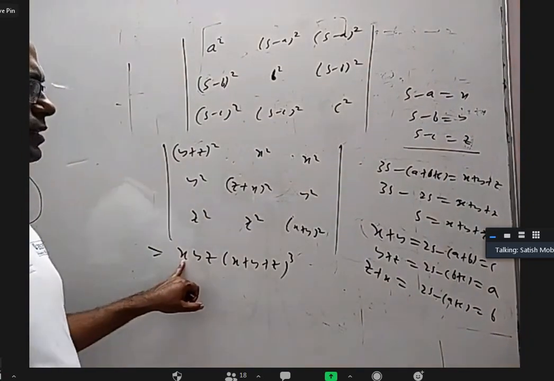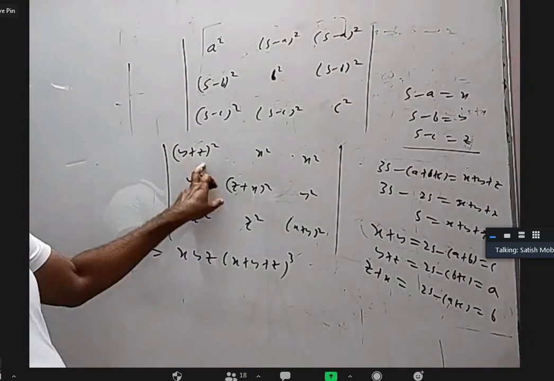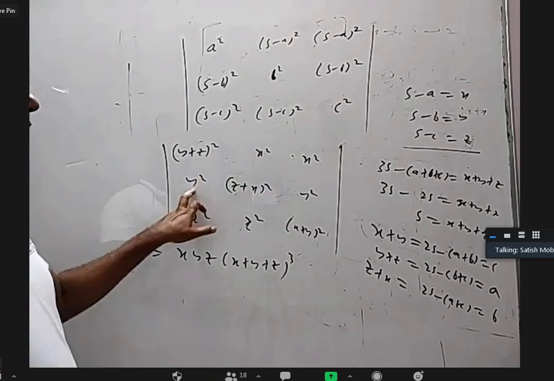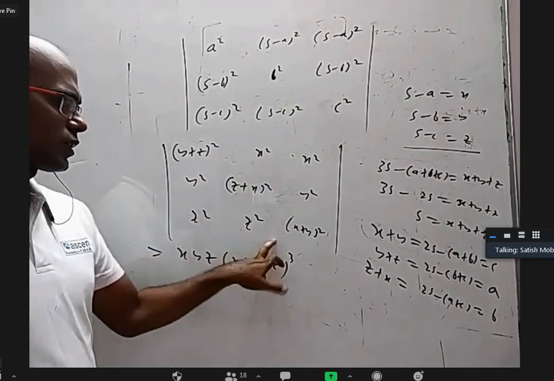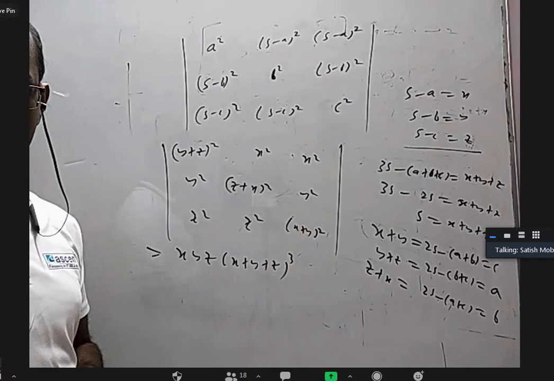Now, if you put X as B plus C whole square, A square, B square, C plus A whole square, C square, A plus B whole square, look at that question in the mains material. We've done that.